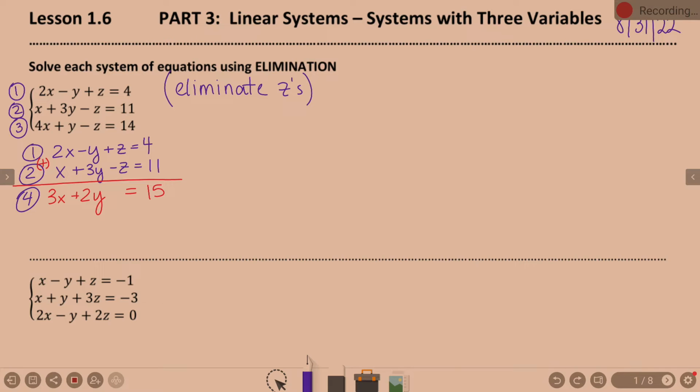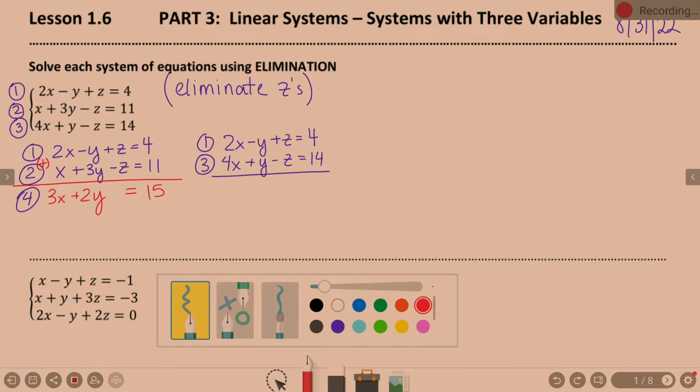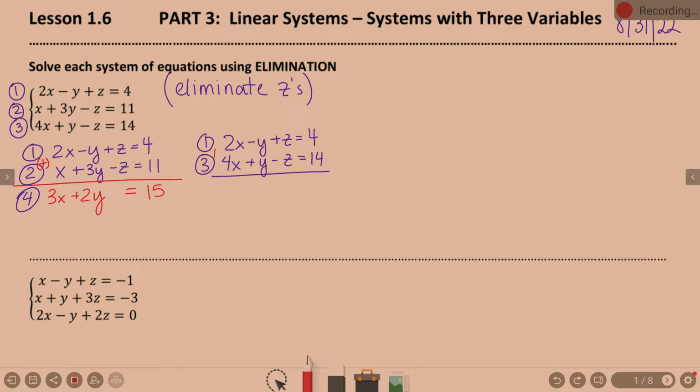Yep. So I'm going to write out, and I think I'm going to go right here, I should have room. So this time, 1 and 3. I'm going to write them out. 2x minus y plus z equals 4. 4x plus y minus z equals 14. My z's have opposite signs, so again, I am set up to add.